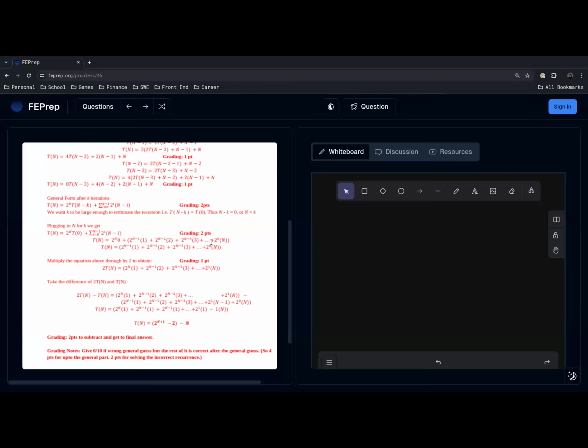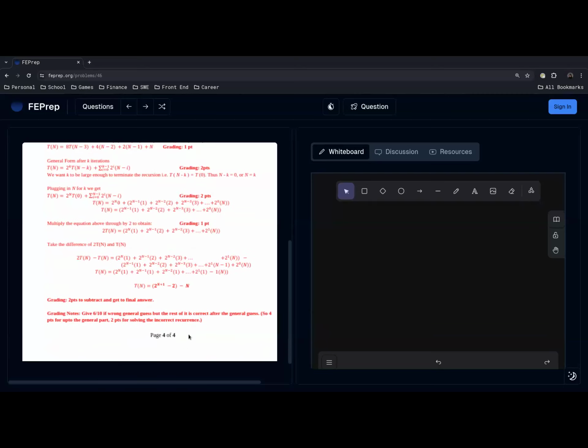And you see how there's this kind of pattern going on here where it's n of 0, n minus 1 of 1, n minus 2 of 2, n minus 3 of 3, all the way up to n, which would technically be n minus n of n, which I think they simplify for. They multiply the equation above by 2 to obtain this, and then take the difference between 2T of n and T of n. What are you talking about?